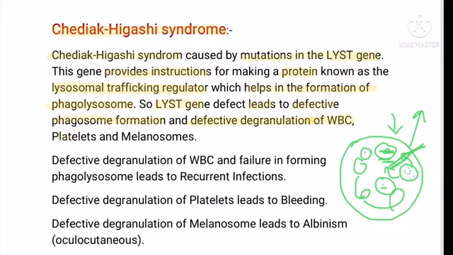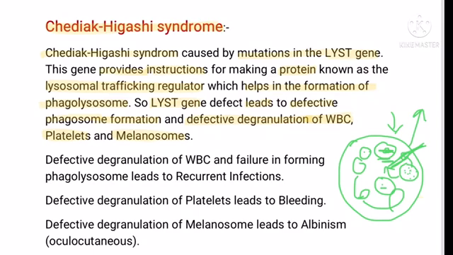In addition, there will be defective degranulation of platelets and of the melanosomes. Melanosomes are the vesicles having melanin inside. When these vesicles fail to move to the surface of the skin, there will be no darkening of the skin, which can lead to albinism. Platelet degranulation defects cause lack of thrombus formation, which can lead to bleeding manifestations.